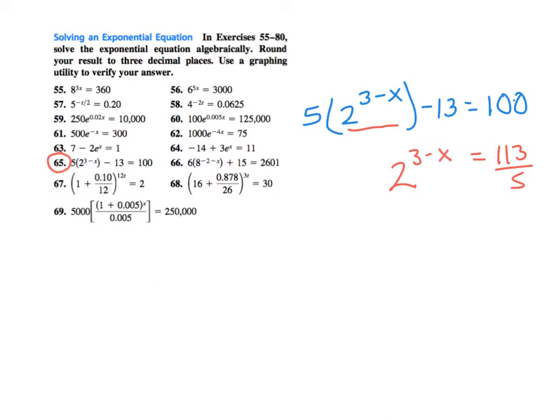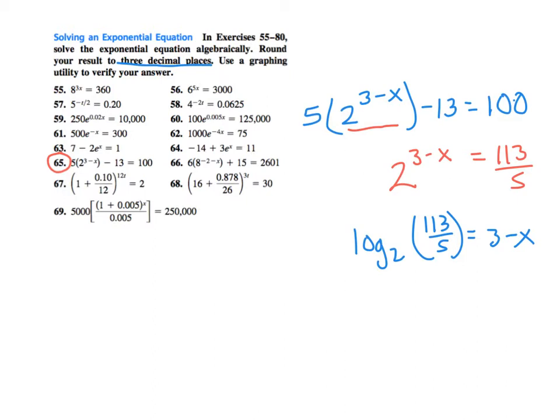At this point, I can't do anything. I could change this to log base 2. That would be fine. If I did that, that'd be log base 2 of 113 fifths equals 3 minus x. Now, log base 2 of 113 fifths, they want it at 3 decimal places.